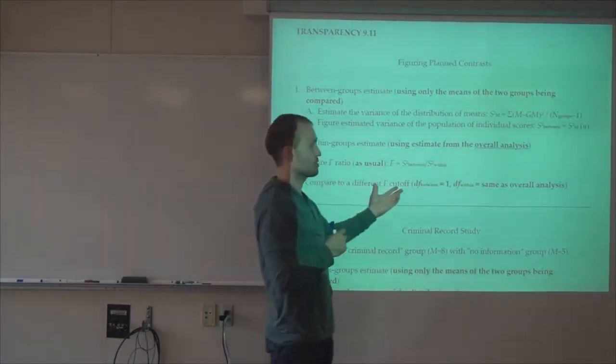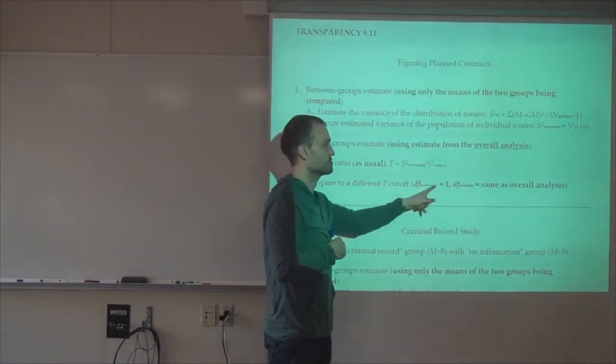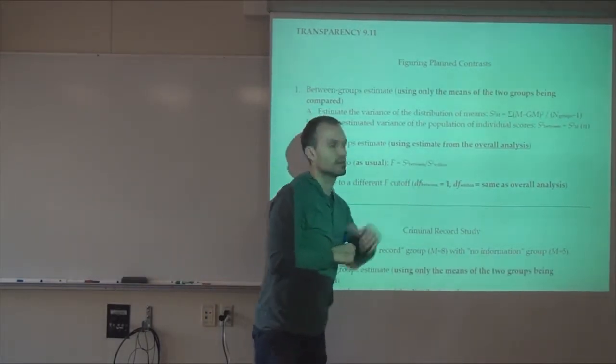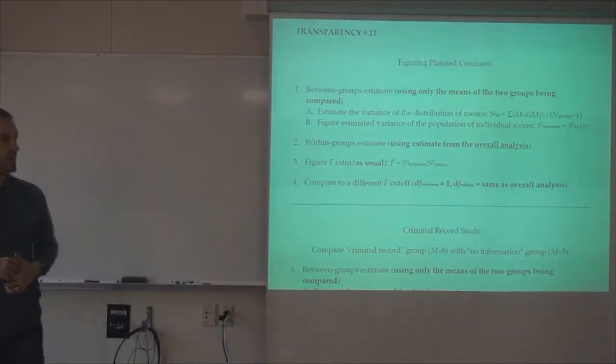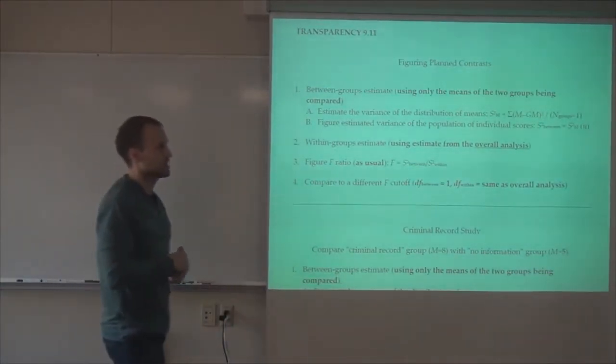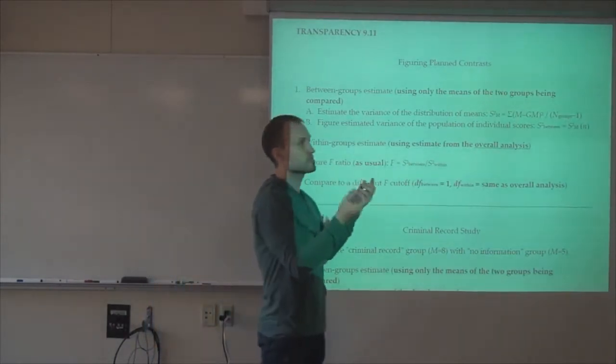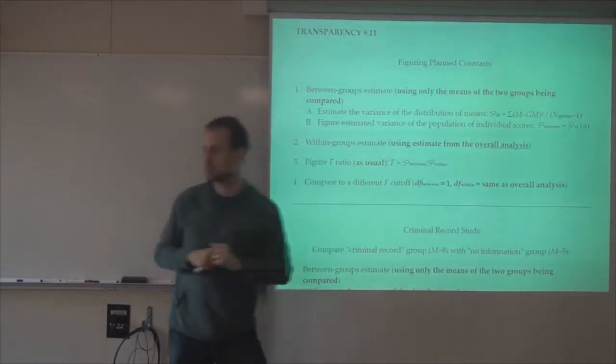Compare that to what might be a different F cutoff because my degrees of freedom, especially the between, well, only the between, will change to potentially a 1 because I have two groups, minus 1 gives me 1.